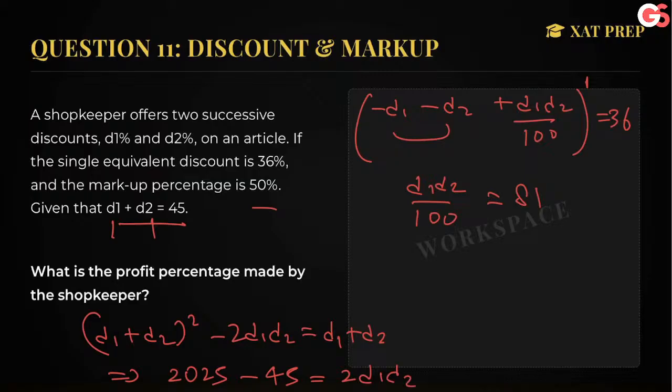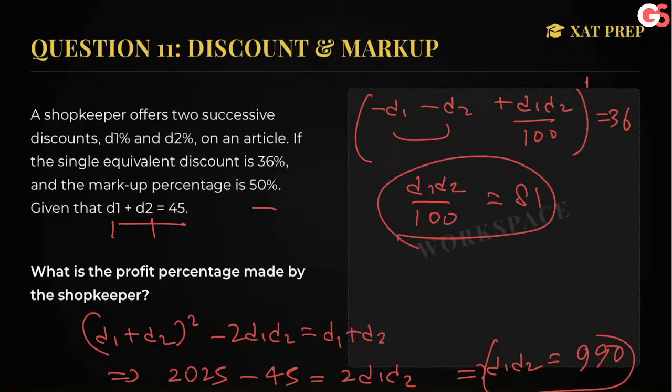All of you got this? So D1 D2 बन गया 1980 upon 2. 990 is what we get. है ना? तो यहाँ पे क्यों हो रहा है ऐसा? इसी क्वेश्चन की बात कर रहे थे तुम लोग.